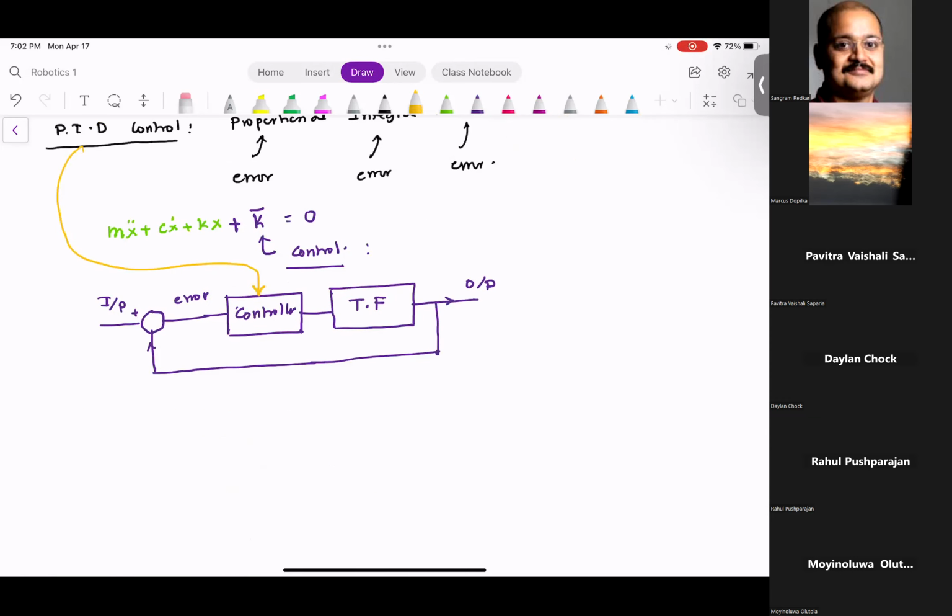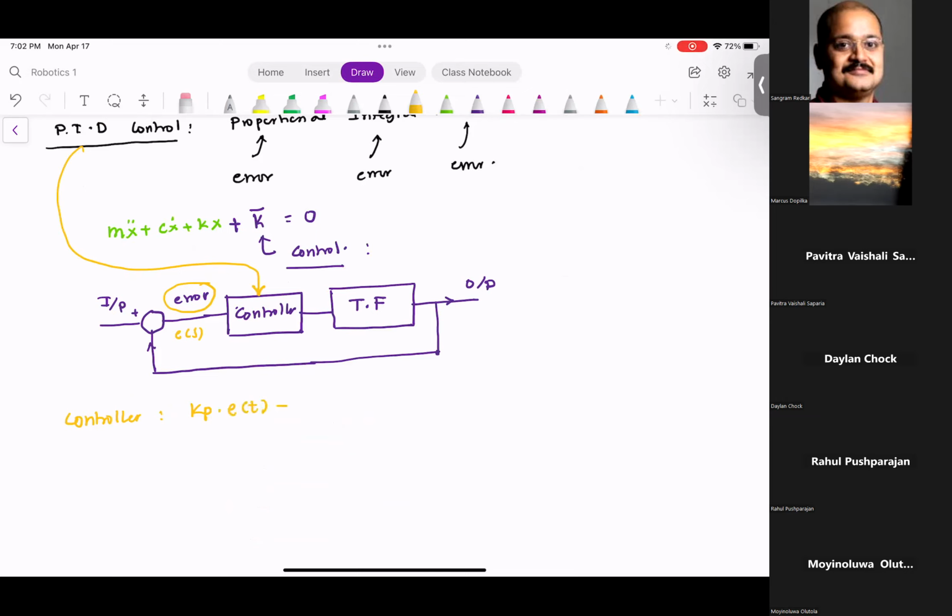So if I want to write down the expression, the controller could be Kp, which is the constant of proportionality, multiplied by this error, E of s. So I would write this in the time domain, and then we will do it in the frequency domain or Laplace domain.